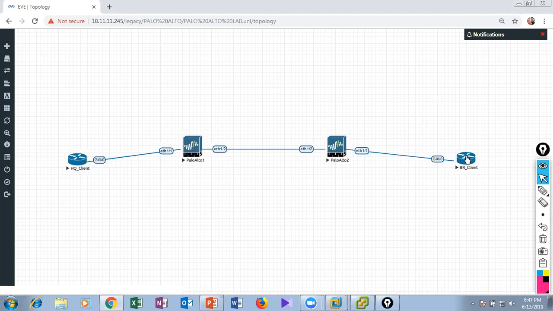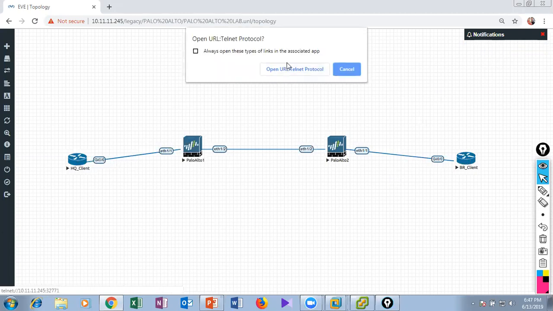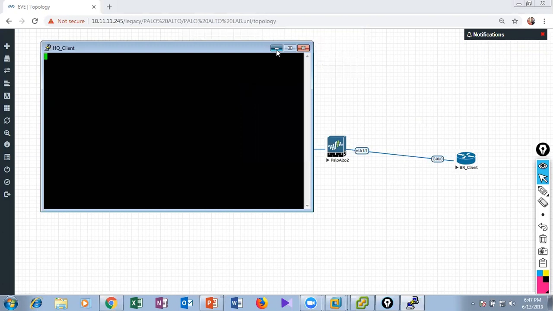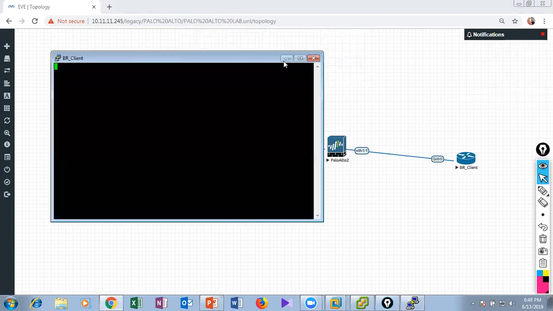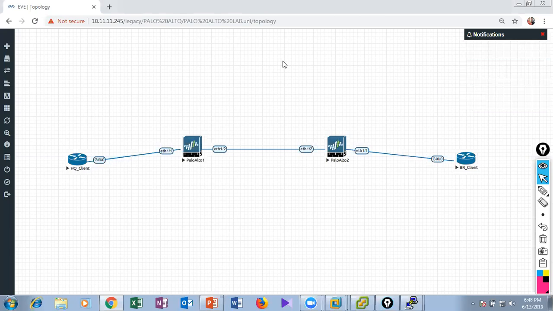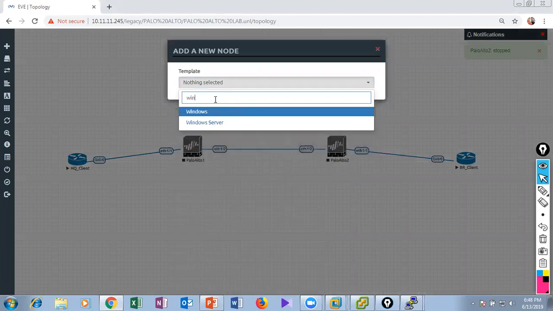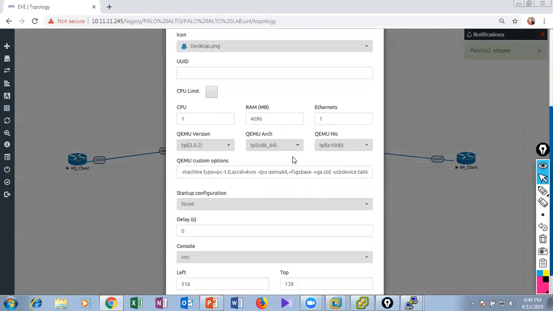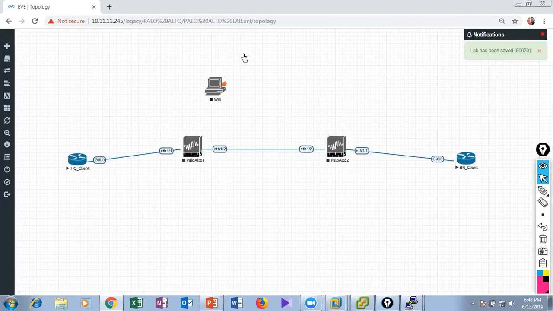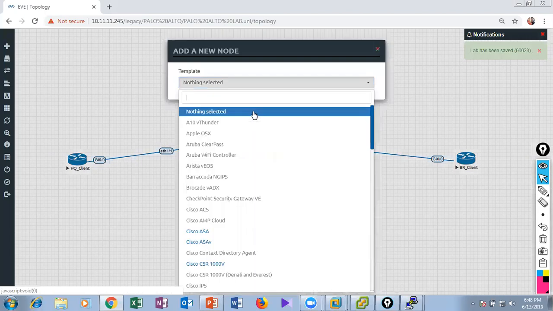You can see all these devices have started. I can take this CLI. One thing, I need one PC also on both sides. I'll take one Windows PC, and I'll connect it through one switch.